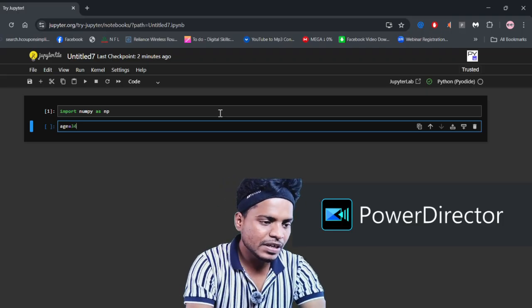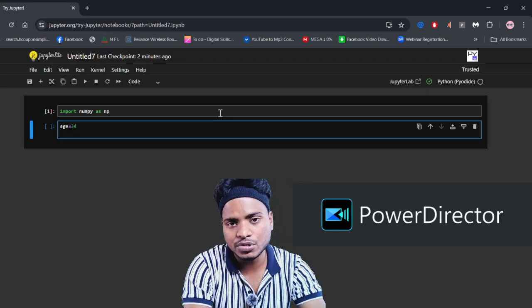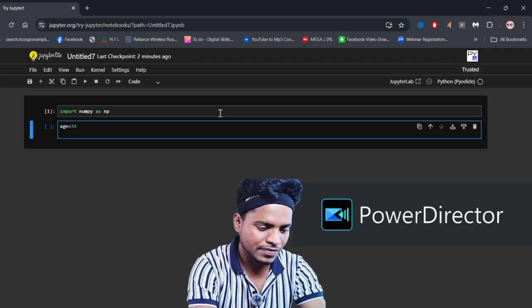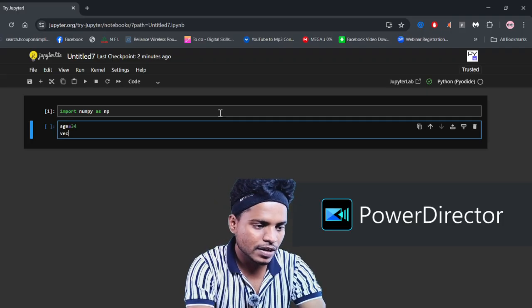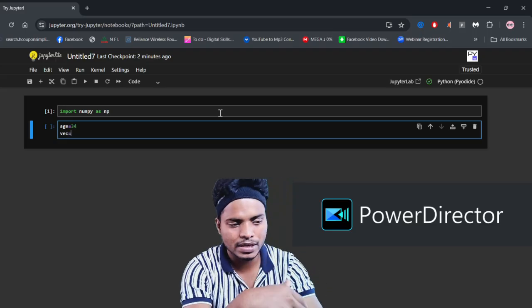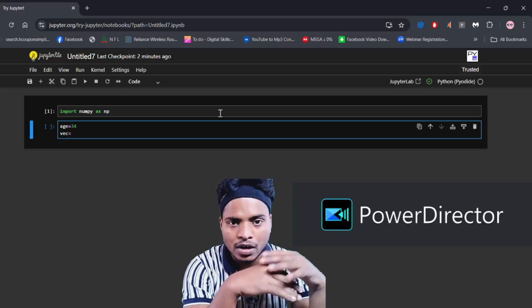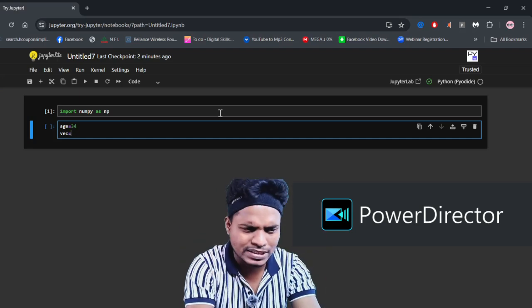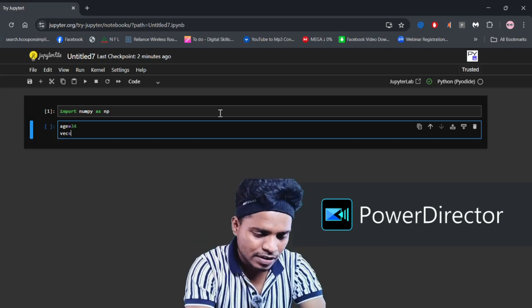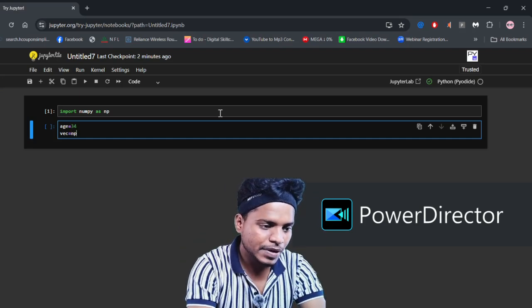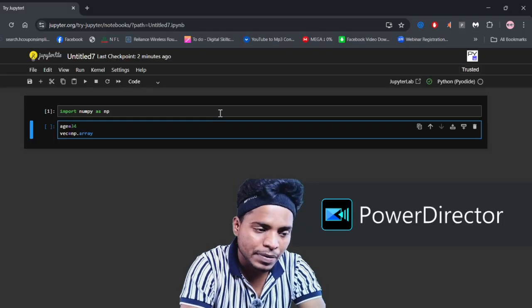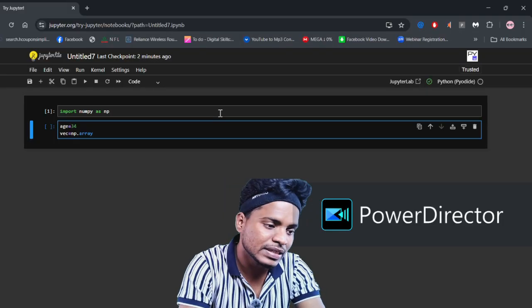But if I have to create a vector, how would I do that? I would say vec is equal to, I'm just taking a variable name vec, or you can use any other variable name like A, B, C, D. So vec is equal to np.array. Since we imported numpy as np, we use that abbreviation.